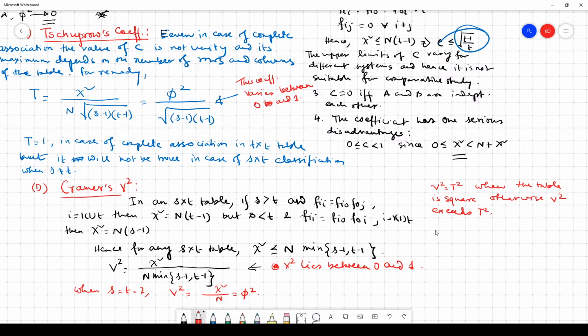Although the differences would not be very large unless s and t vary widely.